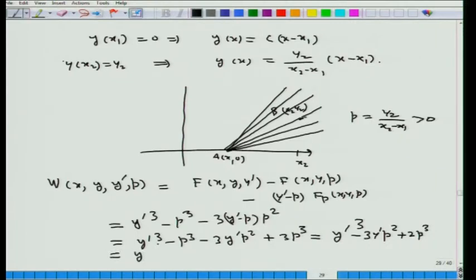Here we can write it as y prime cube minus 4 y prime p square plus p square y prime, taking common in this. So you get y prime plus 2p, and then here we take y prime common, so you get y prime into (y prime square minus 4p square) plus p square into (y prime plus 2p).